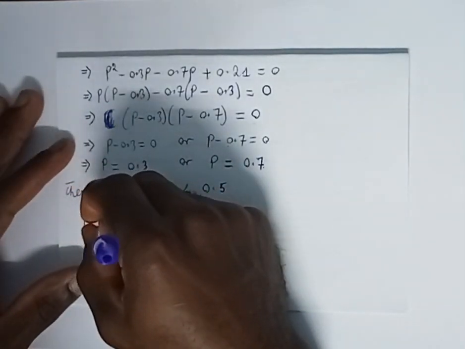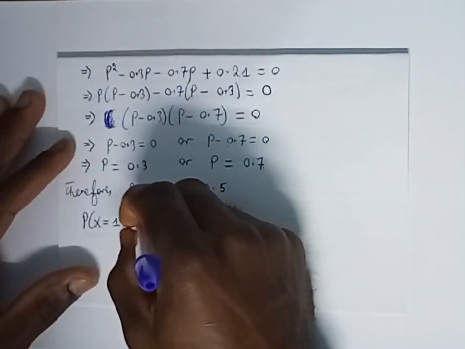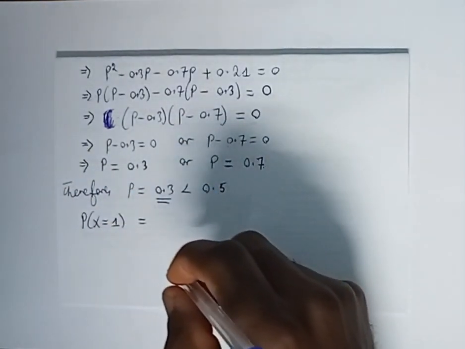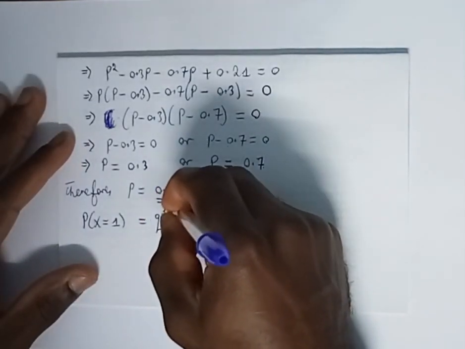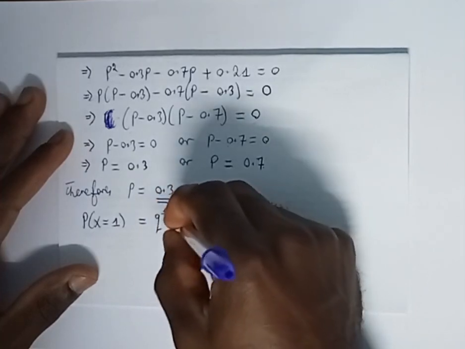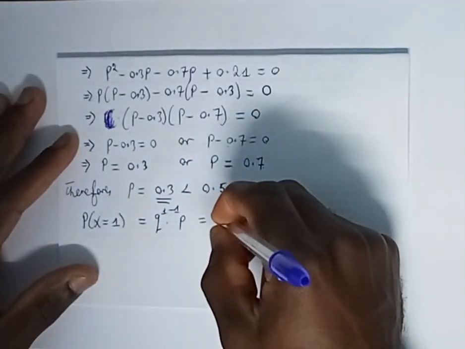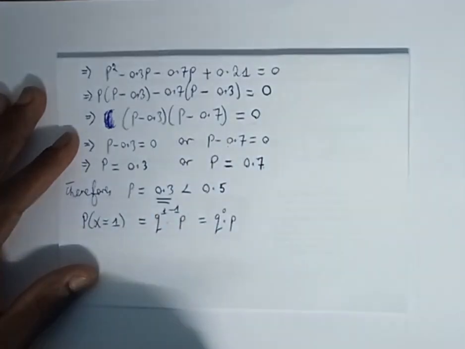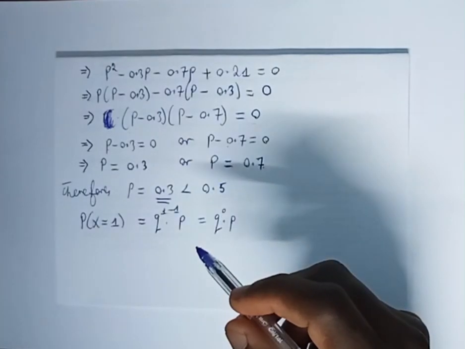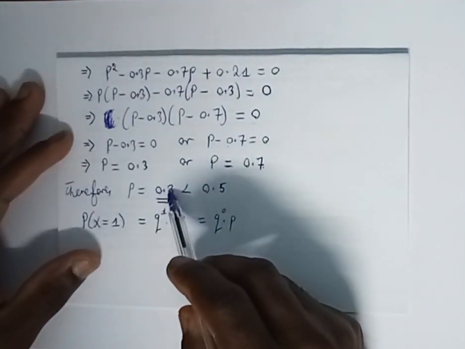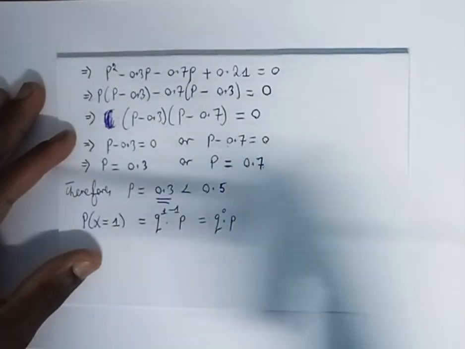P of x equal to 1 will simply be equal to, by making use of the formula, Q raised to the power 1 minus 1 times P. So this will give us Q to the power 0 times P. Q is simply 1 minus P. That means 1 minus 0.3 gives you 0.7. You raise 0.7 to the power 0 gives 1.